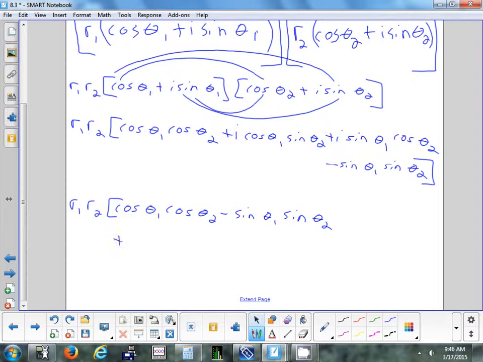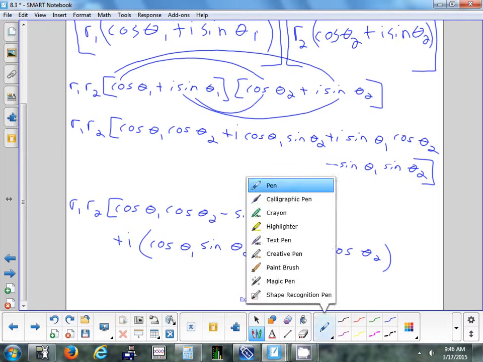I'll just put it down here. So I'm going to have i times cosine theta 1, sine theta 2, plus, this part also has an i, but I factored it out, sine theta 1, cosine theta 2.